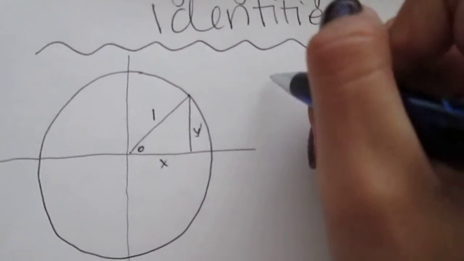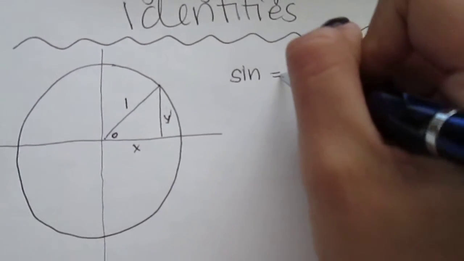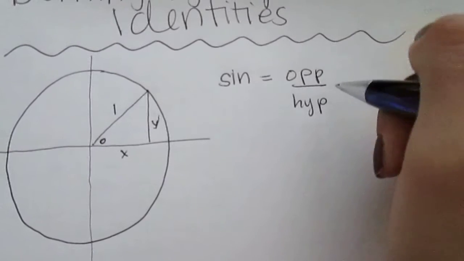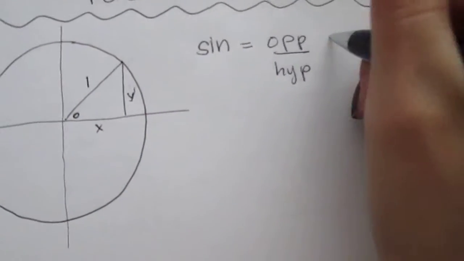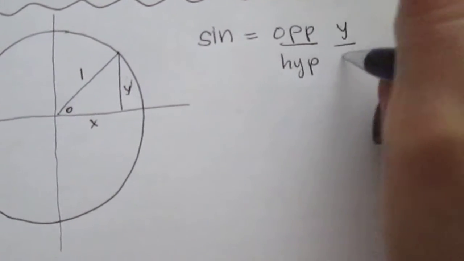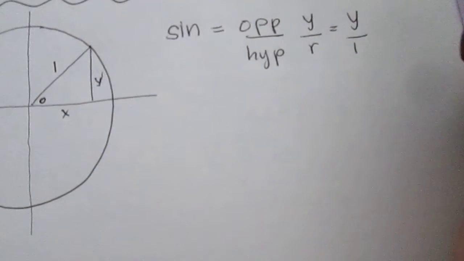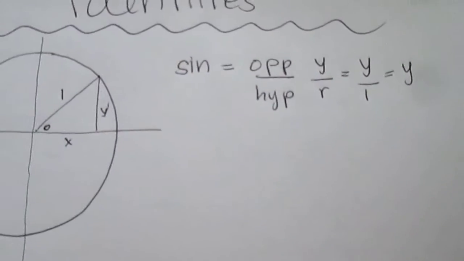We know that sine is opposite over hypotenuse, which is also seen as a ratio of y over r, and r is always 1, so y over 1, and that is the same thing as y.